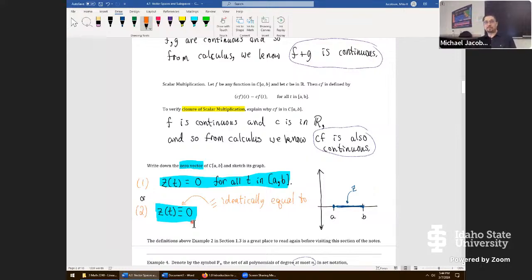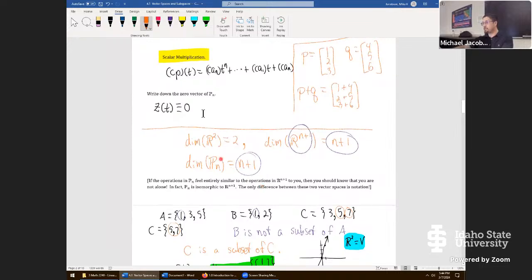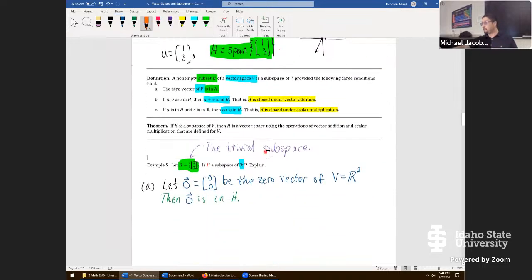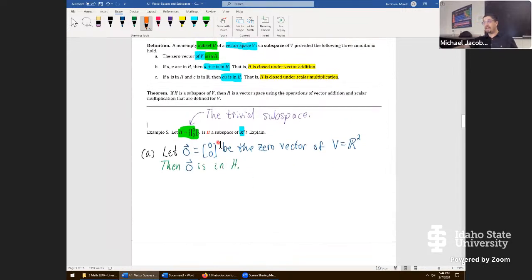So sometimes just writing down the zero vector is a challenge because it can look a lot different versus, say, a function space. This one's a polynomial space, but still a function space, just specific functions. Or if you're working in, say, Rn, now you have a different kind of zero vector. But other questions about that so far?